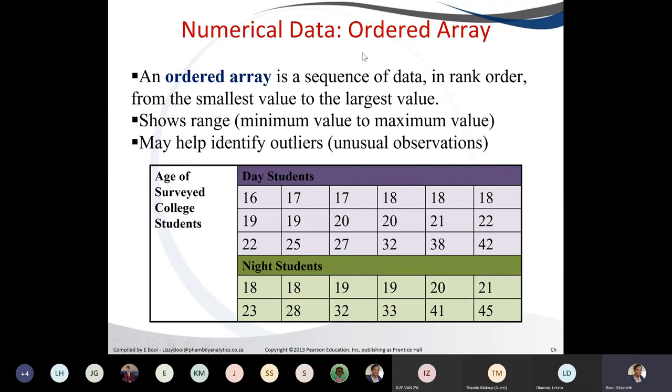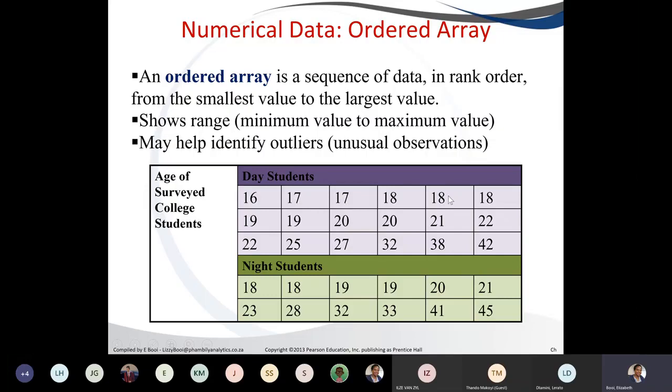Okay, so with the ordered array as well, it helps you to see where your range is. The range is just taking your highest value minus your lowest value. And it also helps you to identify if there are any outliers.